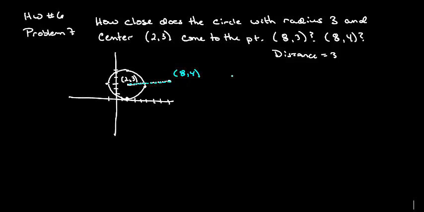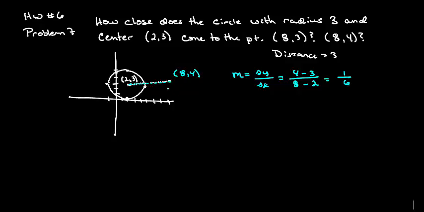Well, the slope is change in y over change in x, and the change in the y values is 4 minus 3. So 4 minus 3, change in the x, is 8 minus 2. So this is 1 over 6. So the height changes by 1 unit, the length changes by 6.